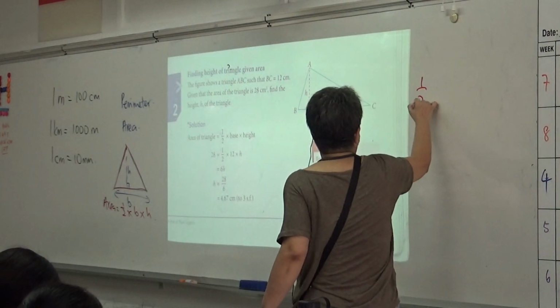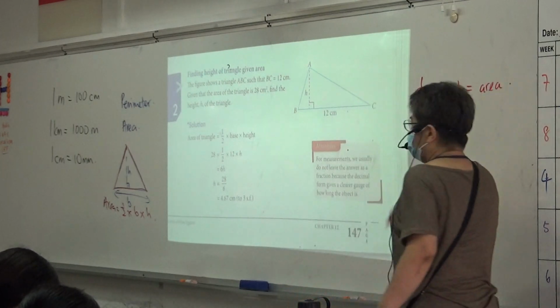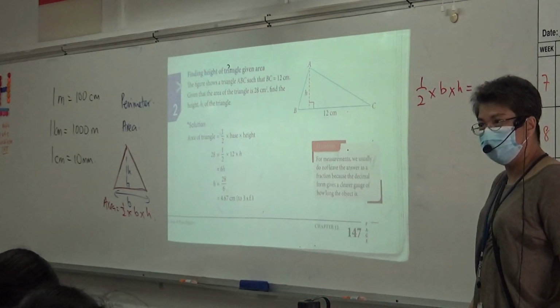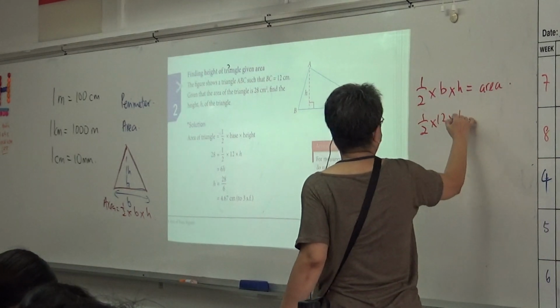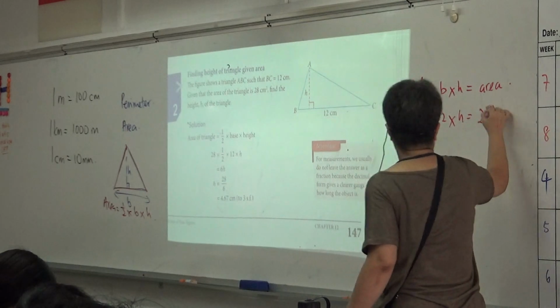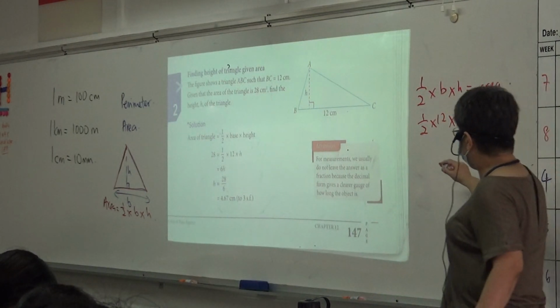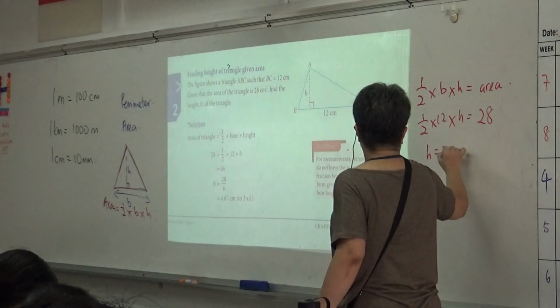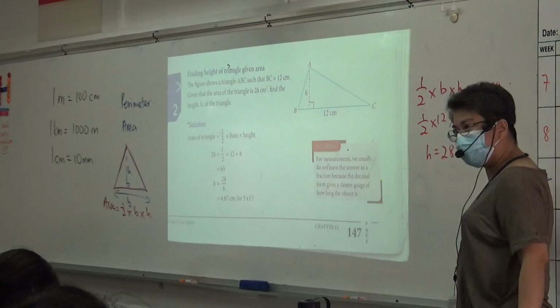Now, half times base times height will be equal to area, right? Correct. So, half times 12 times height must be equal to 28, right? Now, I'm going to leave h here. This will be 28 divided by half, right?